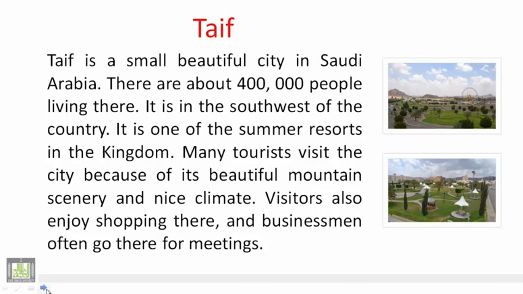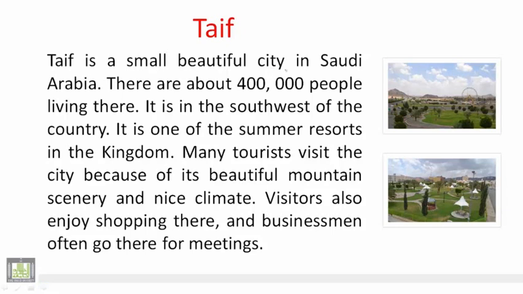We will now read a passage describing the city of Taif, and we will identify the sentences that are general information or more specific information. Taif is a small beautiful city in Saudi Arabia. Notice with me that the first sentence is always general. You cannot start a description with specific sentences.